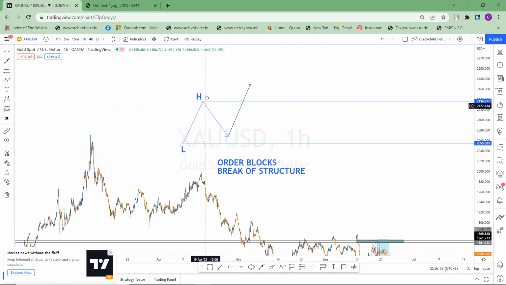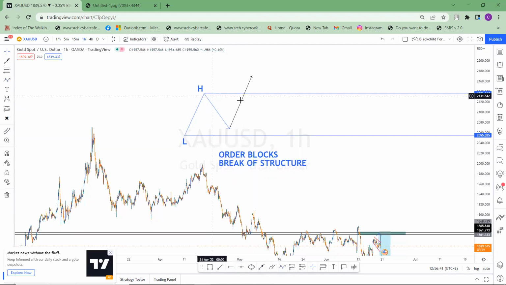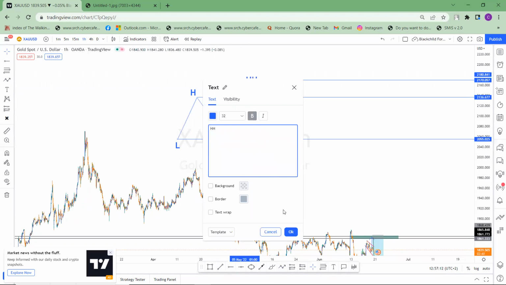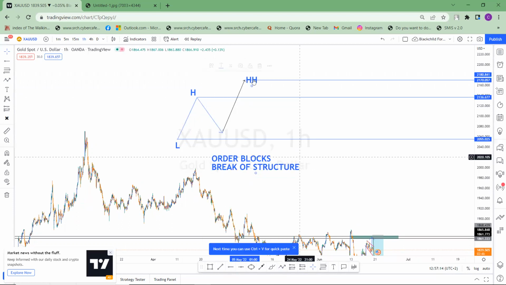In a good technical term, you would say price will now start selling higher than before, which means this is no longer the highest price, but this is now the highest price. Now we have the new higher high. So we would identify this place as the new higher high.